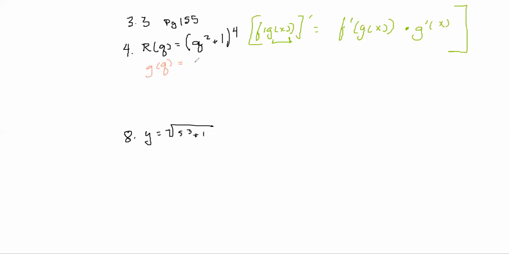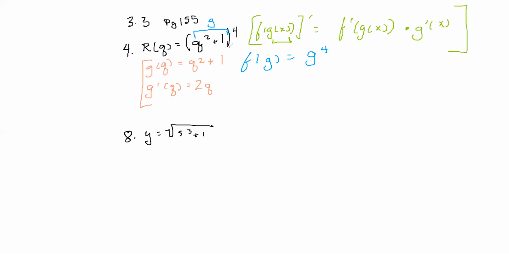So g of q is equal to q squared plus 1. And the first thing I do is say, if g of q is equal to that, then g prime of q is equal to 2q. So I have both of these written down right away. Then I do the same thing for f. So f of g is going to be g to the 4th, right?